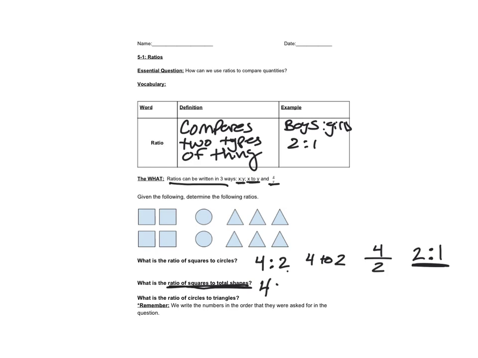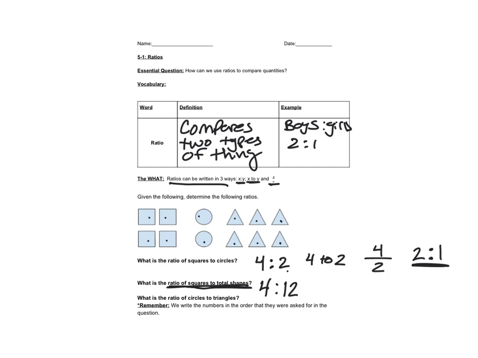And then the total shapes, I want you to think about it. Is a square a shape? Now you should have answered yes to that question. A square is a shape. And so to find the total shapes, we need to include all of the squares when we count. So we're going to count 1, 2, 3, 4, 5, 6, 7, 8, 9, 10, 11, 12. So there are 12 total shapes.